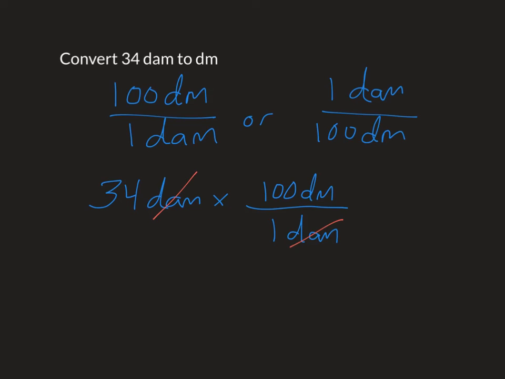When I multiply this, I'm going to go 34 times 100, which is 3,400 decimeters.